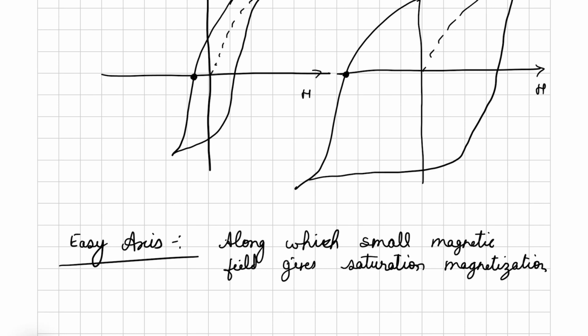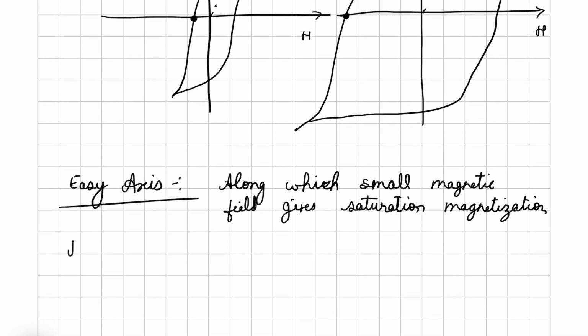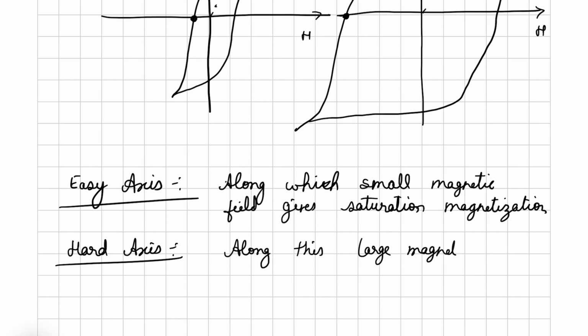Okay. So there is another thing which is called the hard axis. It's the axis, or one particular direction inside the crystal, along which you need to apply a large magnetic field to reach saturation.